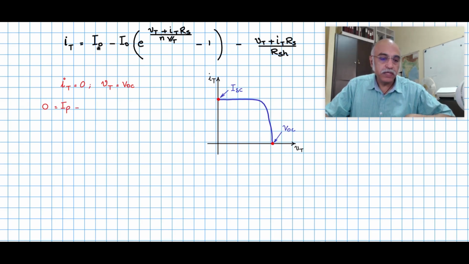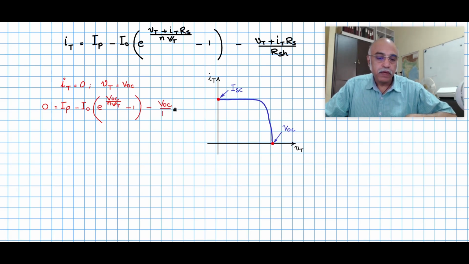So you see, 0 is equal to the photocurrent IP minus I naught e to the power of VOC by N VT, the voltage equivalent of the temperature, minus 1, minus the shunt component of the current, which is VOC by R shunt.